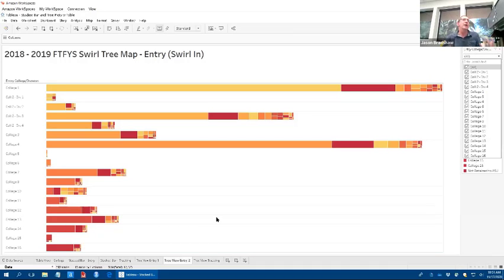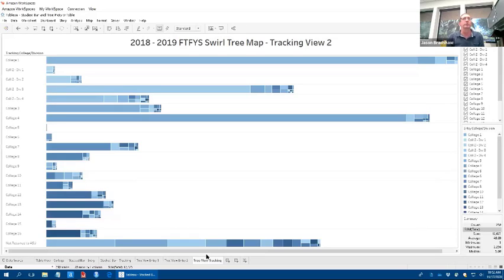The tree maps are also one-way views, so if you wanted to do a full swirl dashboard for this, you would need one display for swirl out, then another for swirl in, where now these colleges are the tracking colleges. And I changed the colors up a little bit just to make it a little more diverse. Does anybody have any questions on these so far?